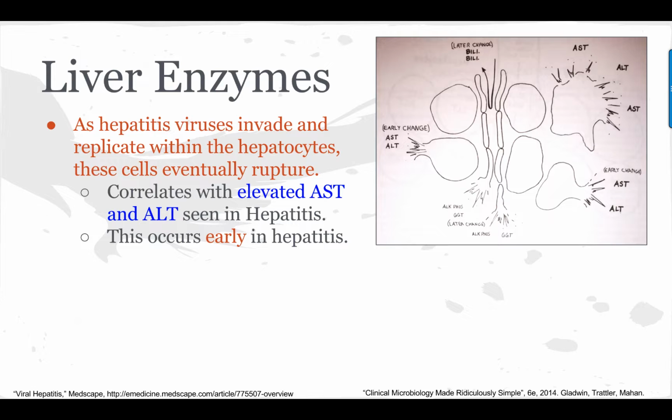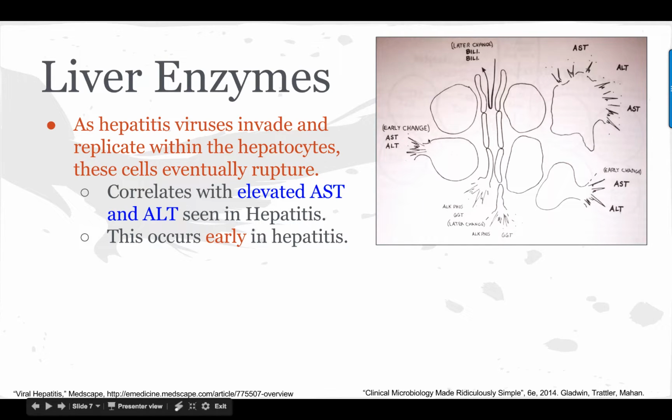As the hepatitis virus or other forms of toxins, such as alcohol and different drugs, invade, and specifically with the viruses replicating within the hepatocytes, it causes the hepatocytes to eventually rupture.